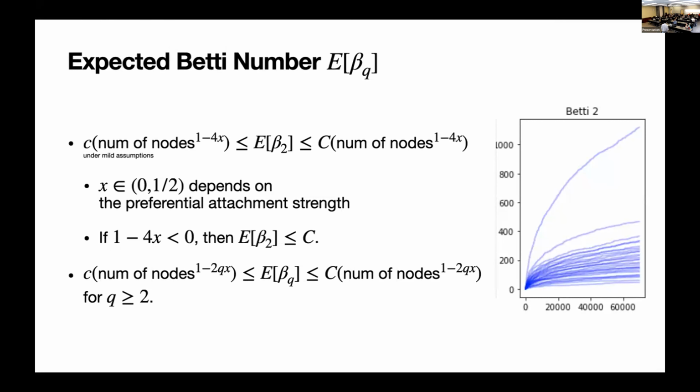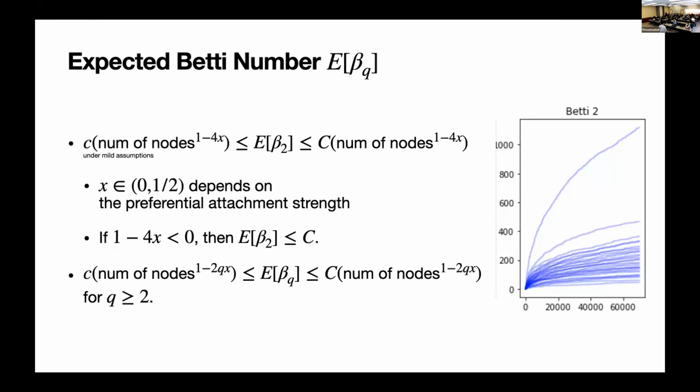Yes. And what about Q equal to 1? That's a good question. Q equals 1 is a special case. The expected Betti number is just linear, and the proof is entirely different for this statement. It's actually much easier. Dimension 1 is a critical dimension, a dominating dimension. You have more edges than the number of vertices and triangles.